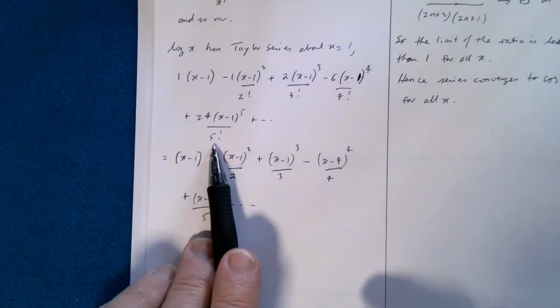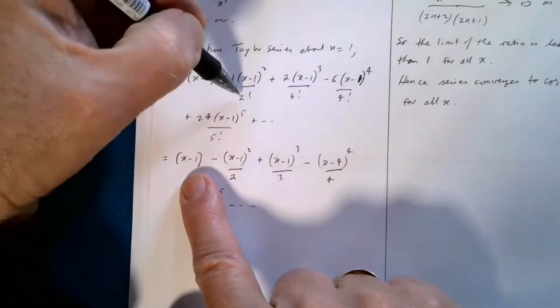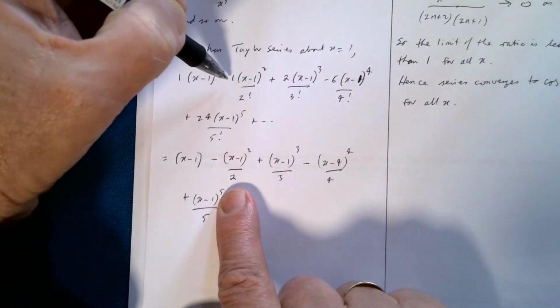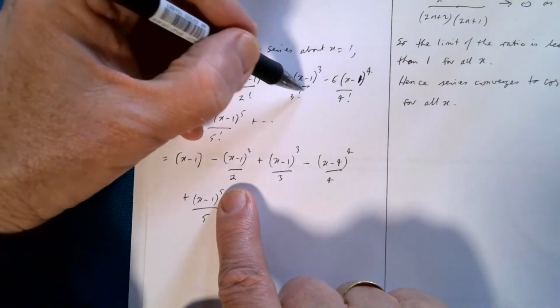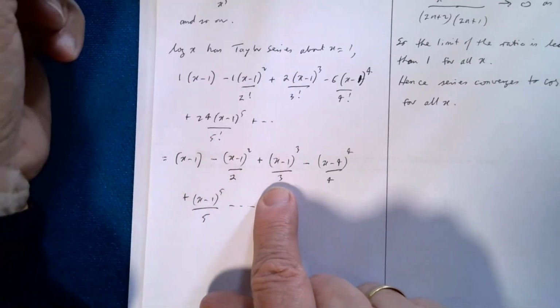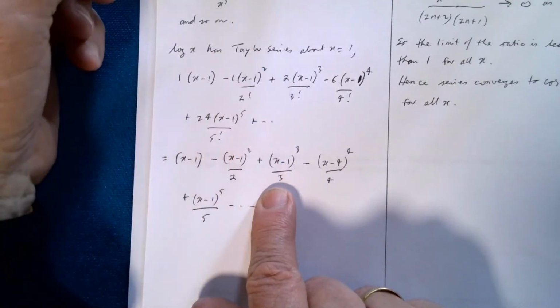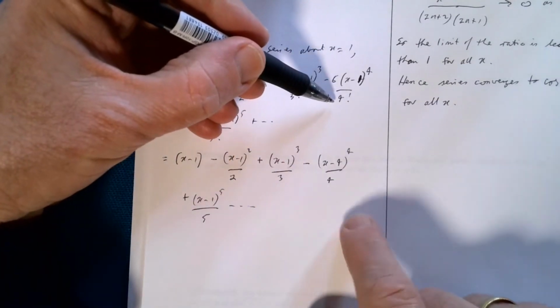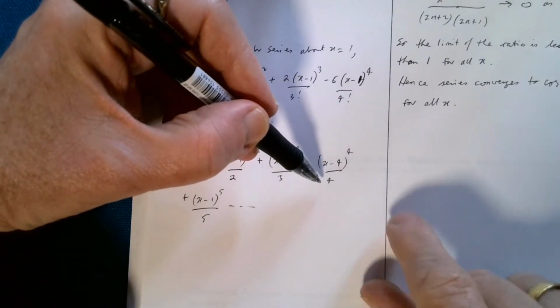Now we can simplify this a bit. This is x minus 1. Now 2 factorial is just 2, so this is minus x minus 1 squared on 2. 3 factorial is 6. 2 over 6 is 1 over 3. So that collapses down to x minus 1 cubed over 3. 4 factorial is 24. 6 over 24 is 1 on 4. Now we start to get excited.